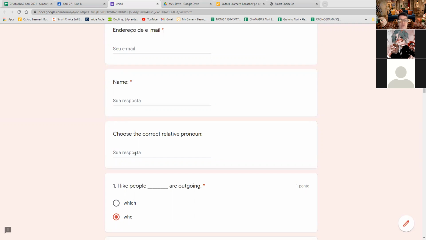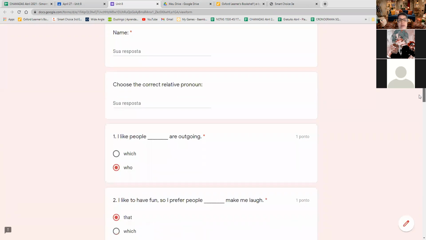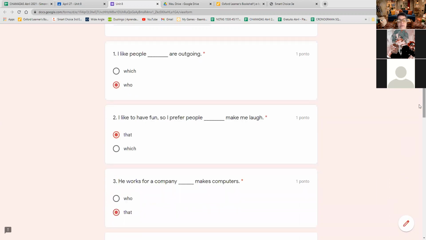Here you don't have to write anything. Just ignore. Okay? You only have to answer the questions that are signaled with a red asterisk. So here you don't need to answer. You just have to answer the questions with this red symbol here, the red asterisk.